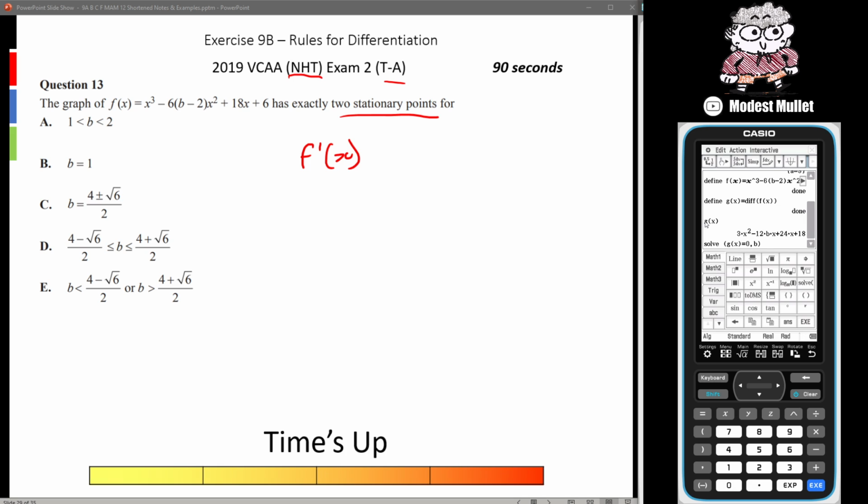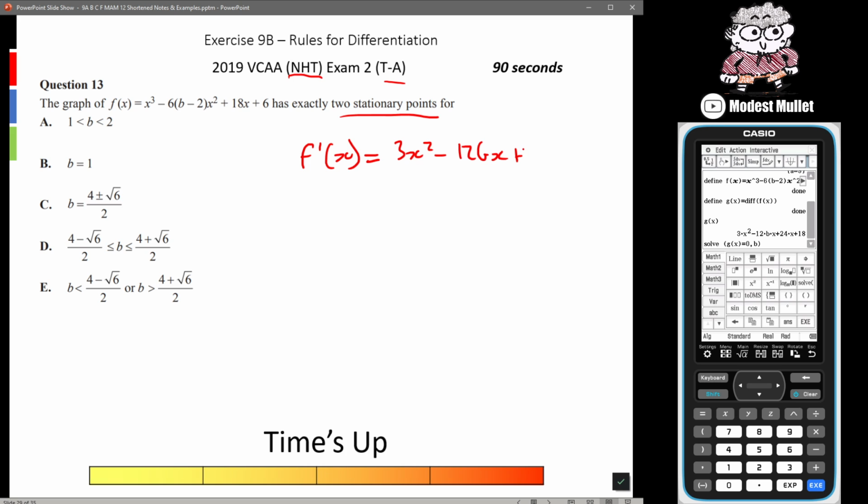Will this work? No, incorrect argument. That's right, because we've got 2. This is where we might now write this out since we've got it, is equal to 3x squared minus 12bx plus 24x plus 18. We want to let that equal to 0.